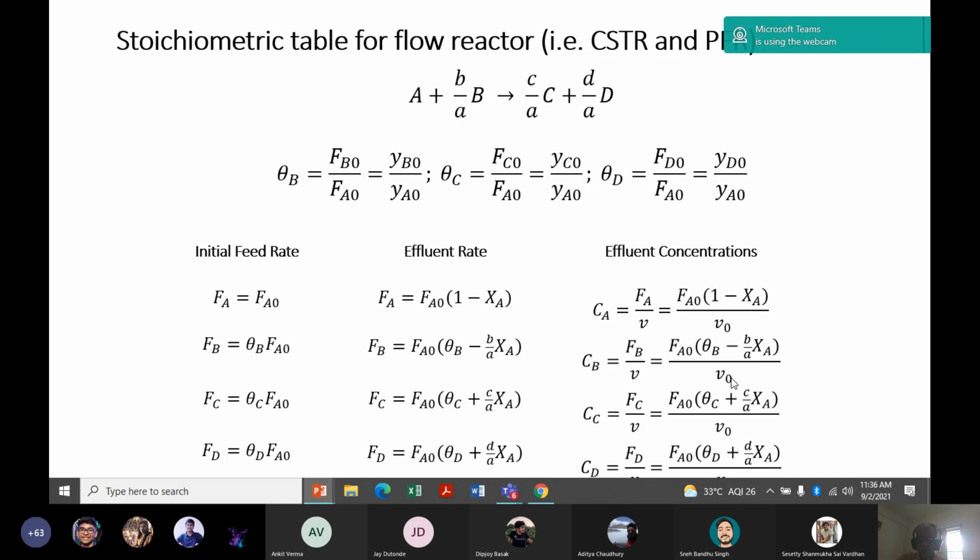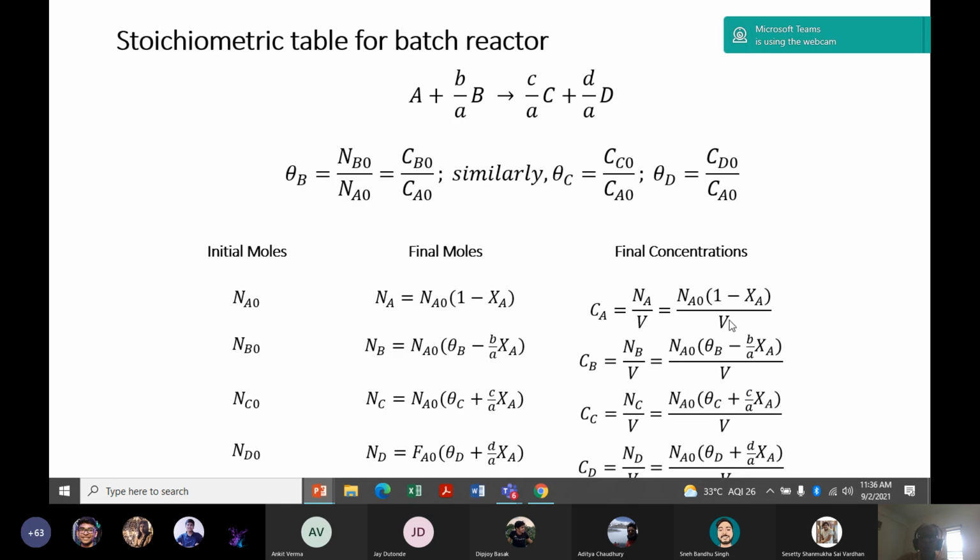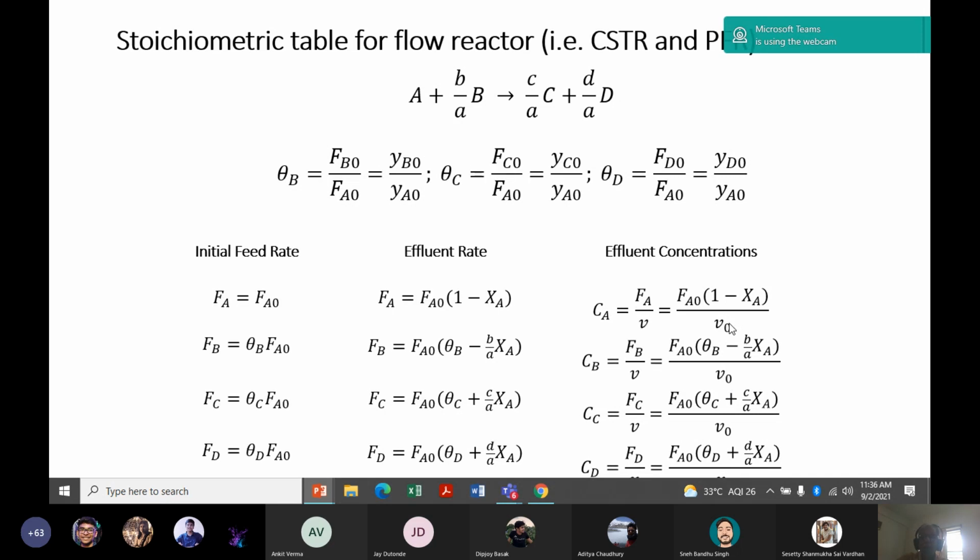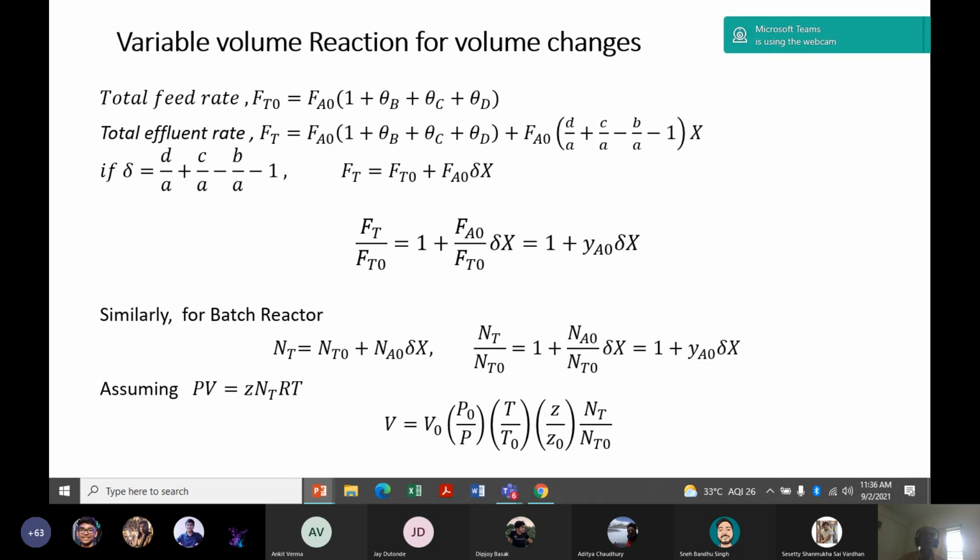In the case of a batch reactor, it was the volume of the reactor, but in the case of flow reactors, it is the volumetric flow rate. And if there is a variable volume reaction, this V0 is not constant, so we should consider the volume change during the reaction. Let us see the variable volume reactions for both cases: batch reactor, plug flow reactor, CSTR, etc.